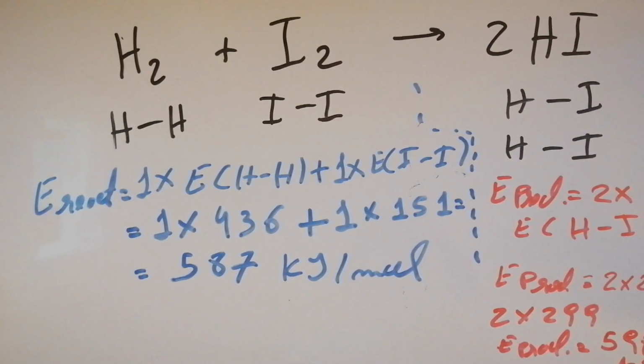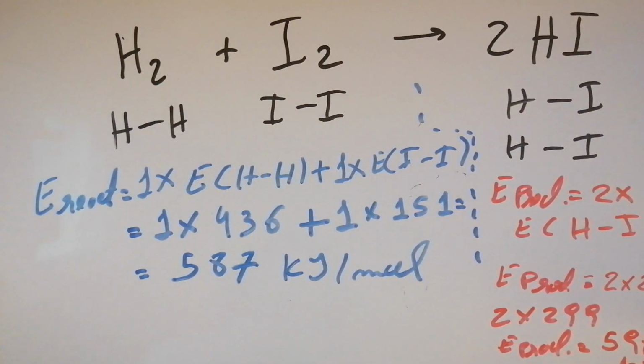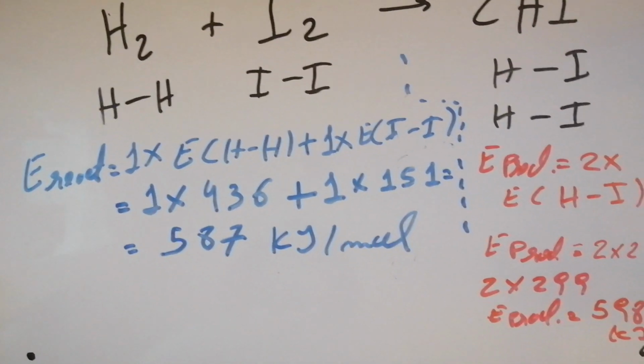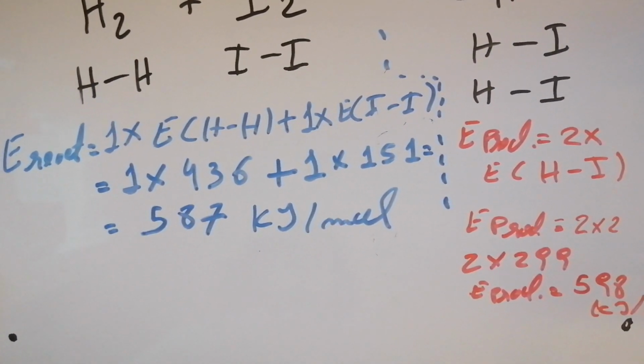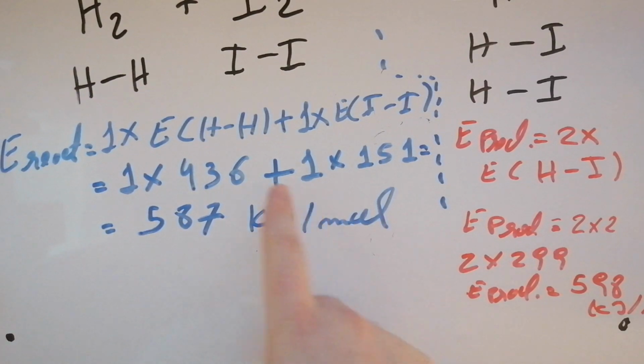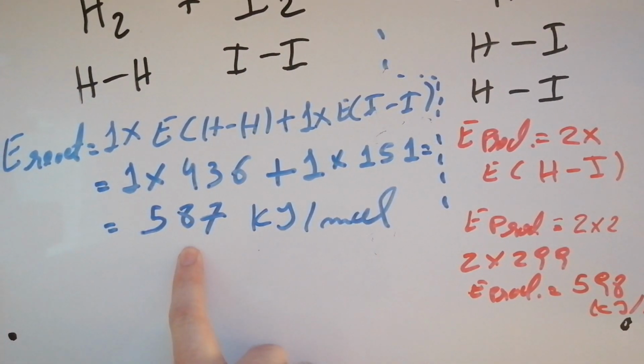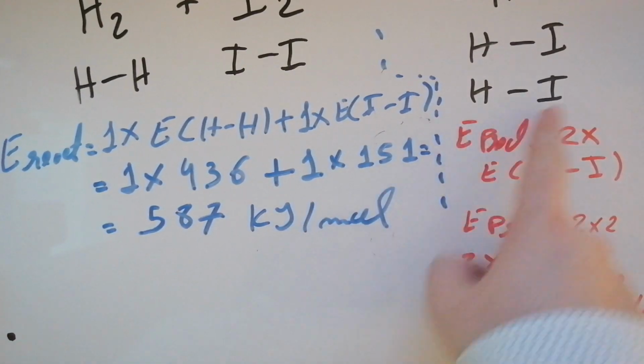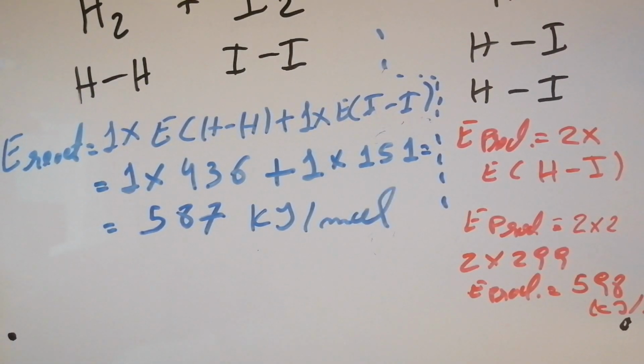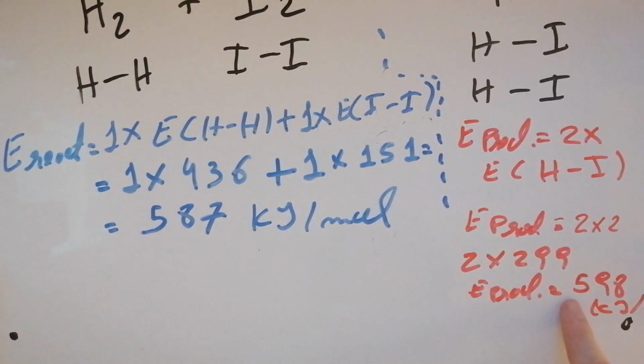Okay, so we now know that the energy of the reactants is 587 and the energy of the products is 598 kilojoules per mole.